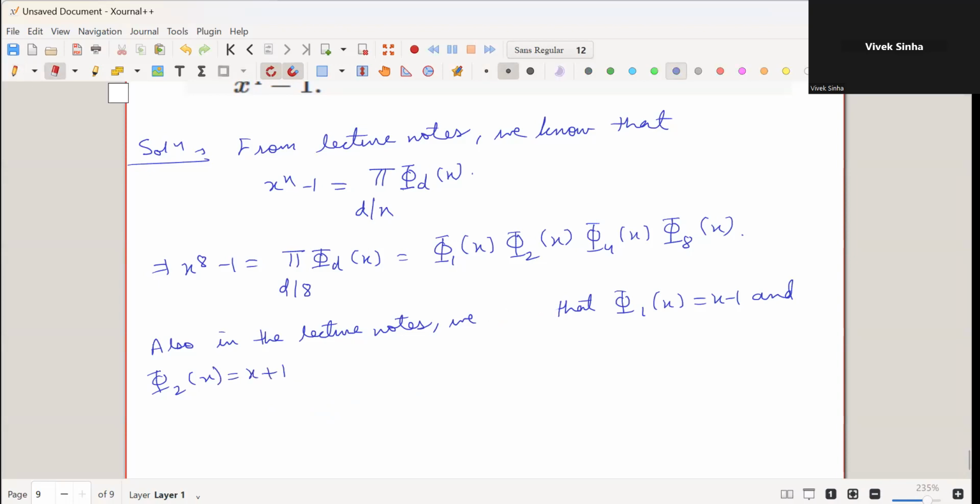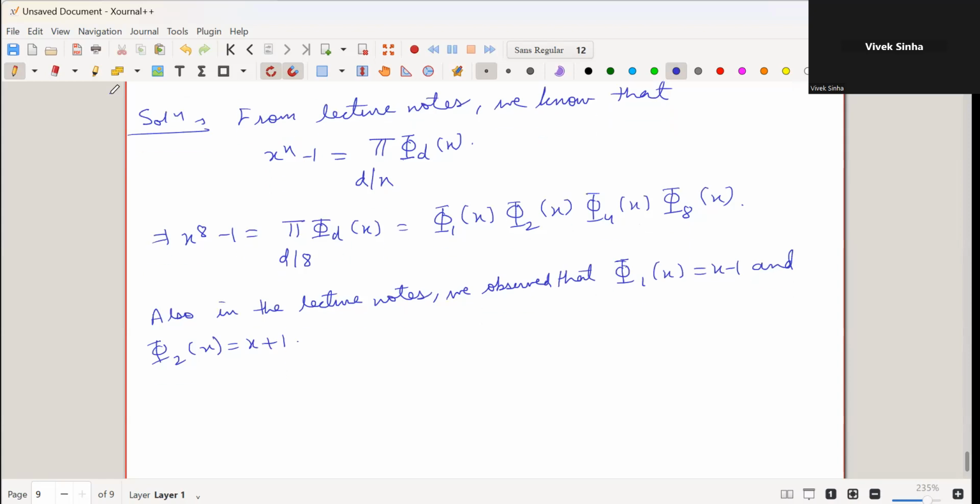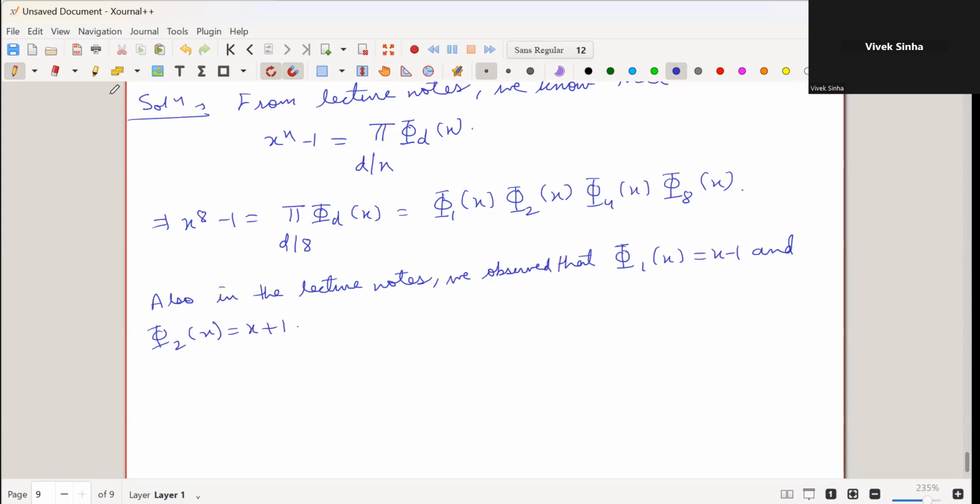Instead of show, I will say that we observed that. So now what is phi_4 of x?